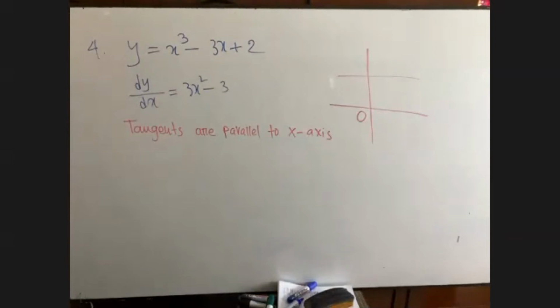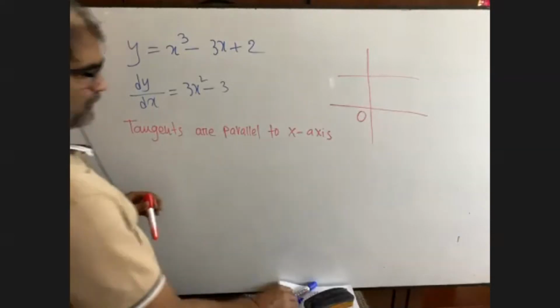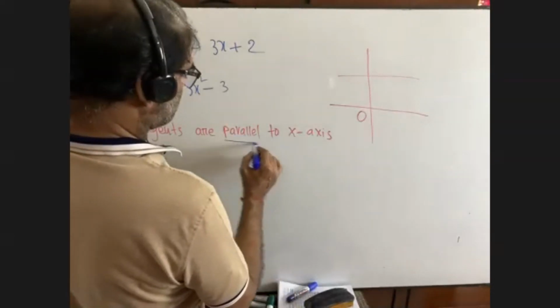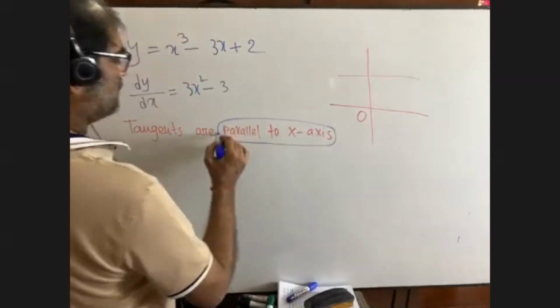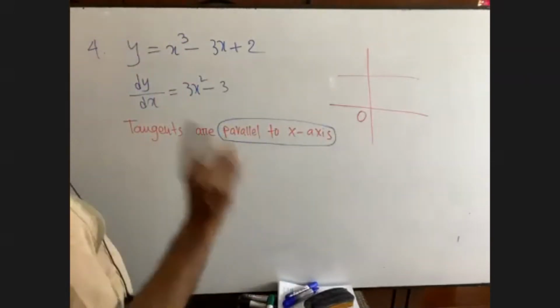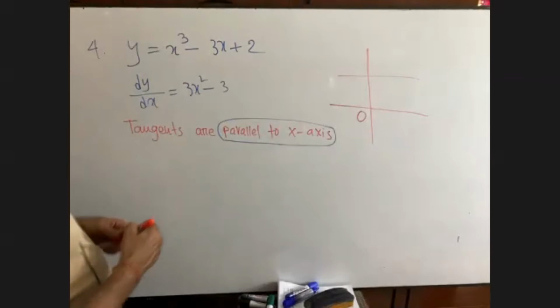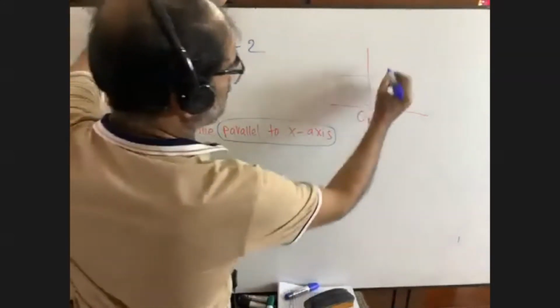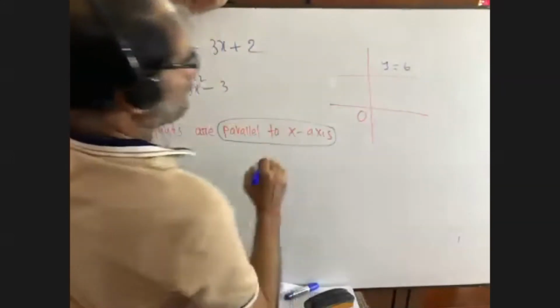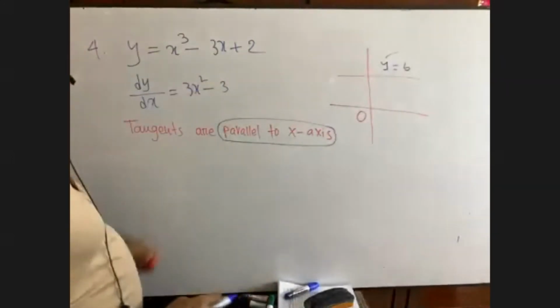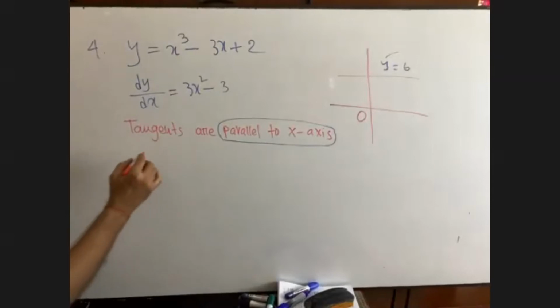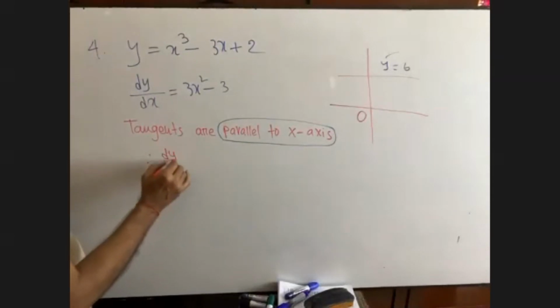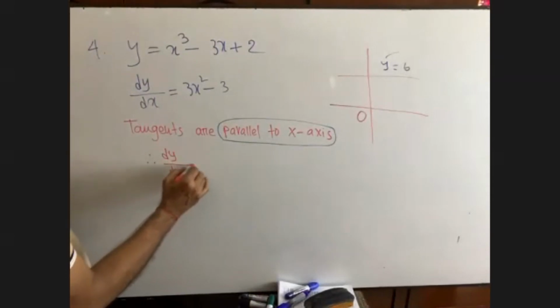So what is the formula? If it is written just parallel to x-axis, then what is the formula? Parallel to x-axis means what? It is y equals to b, right? Therefore, dy by dx equals to 0.